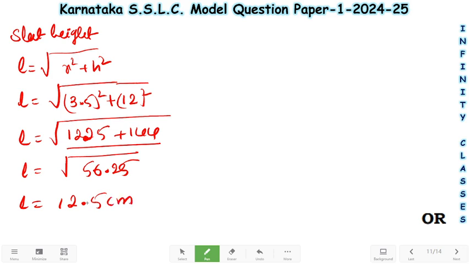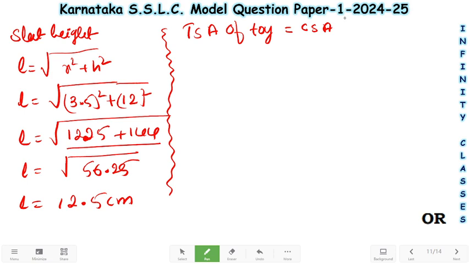Now we have to calculate the total surface area of the toy. Total surface area of toy is equal to CSA of hemisphere plus CSA of cone.